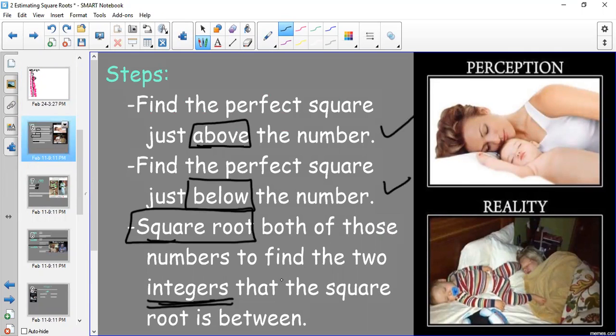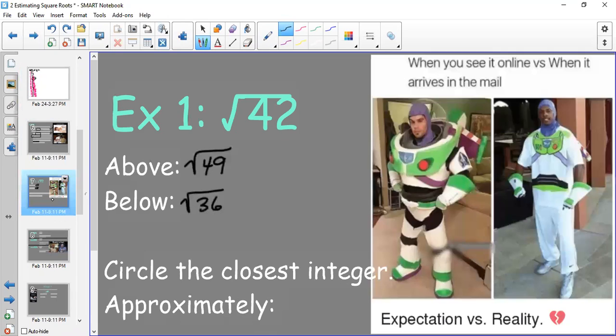Step 3 says to take the square root of both of those numbers to find the integers that it's in between. So the square root of 49 is 7. The square root of 36 is 6. So the square root of 42 is in between 6 and 7 on the number line. Well, is it closer to 6 or closer to 7?